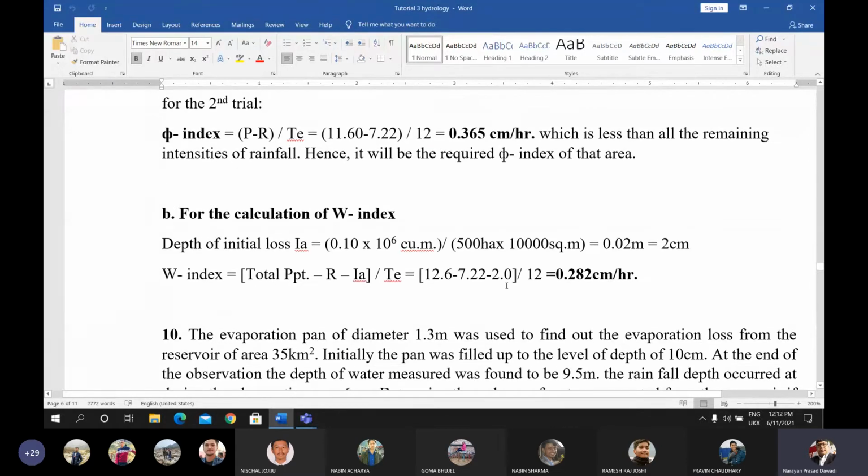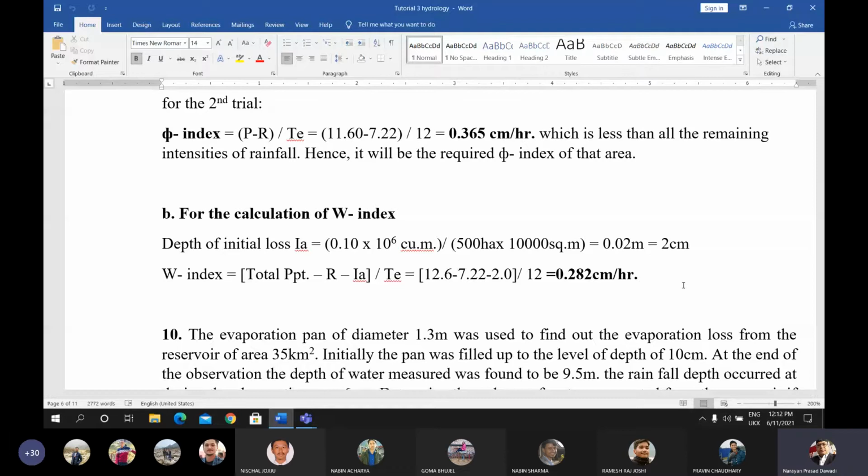That's why for the calculation, the time of excess rainfall is considered as 12, and you can find the W index as 0.282 centimeter per hour.